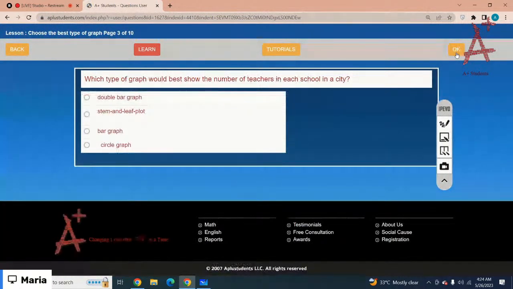Stem and leaf plot. Okay, which type of graph would best show the number of teachers in each school in a city? So, which is the correct option?